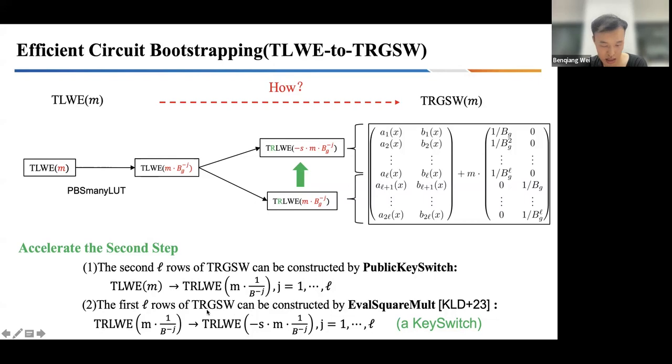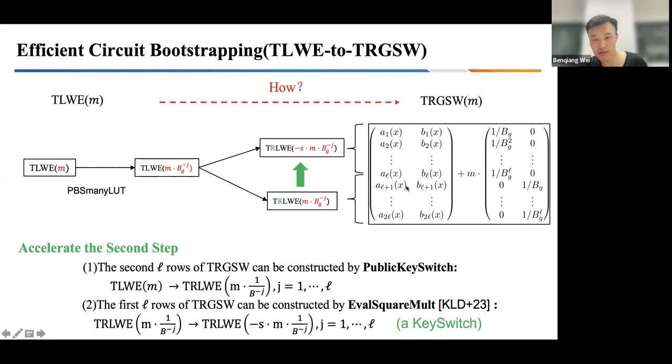This operation is called the AES-style multi-mult, introduced by Kim et al. in 2023. Essentially, it is a kind of key switch, and this operation is more efficient than the previously used private key switch.